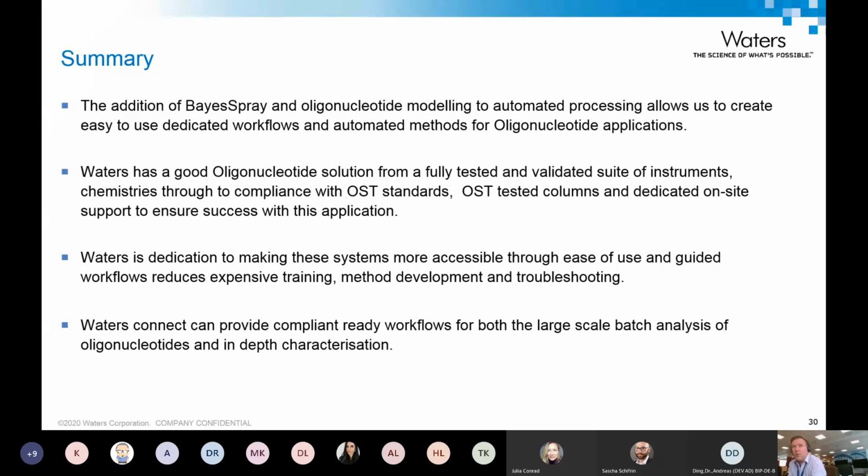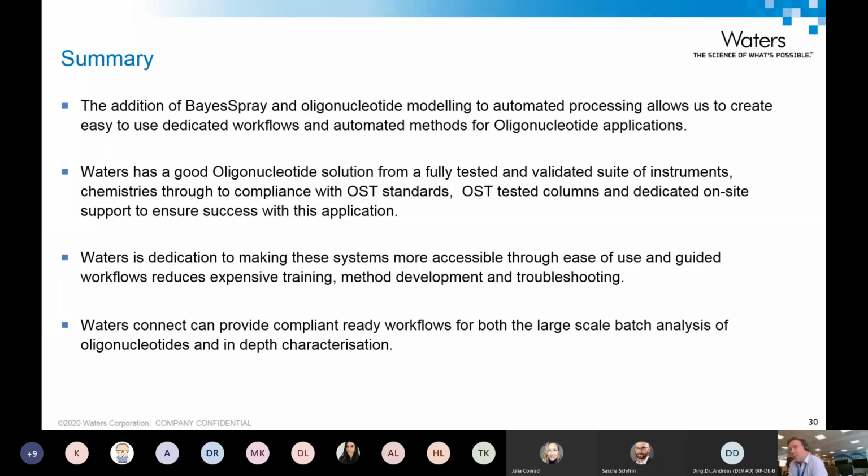And what we've seen is where you've got a wide dynamic range of compounds co-eluting, if you can't get total separation, there are clear improvements with BaseSpray at identifying the main product and the low-level impurities at the same time, and giving accurate deconvolution intensities as well, which is a key thing.